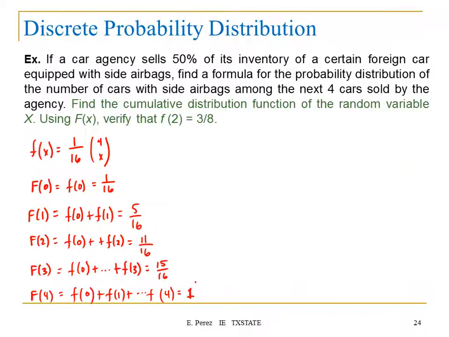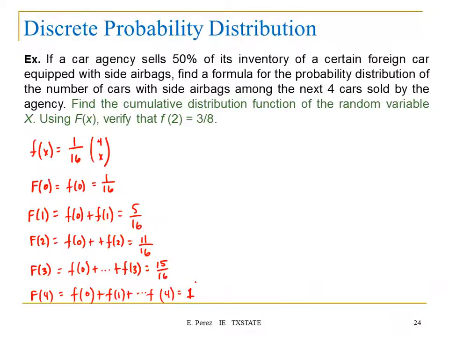Okay, so we are finding the cumulative values for each outcome. We know that the outcomes in this specific example will go from 0 to 4. So the values will be the evaluation of the function. For F of 0 it is the evaluation of the function at 0.